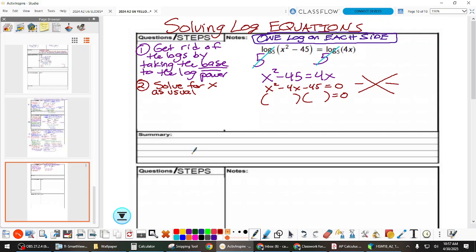Factors of negative 45 add up to negative 4. Negative 9 and 5, right? So x minus 9, x plus 5. Which gives us what in terms of answers? Those are not complete. Okay. So don't stop there.